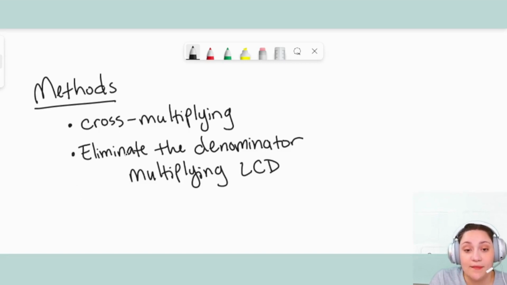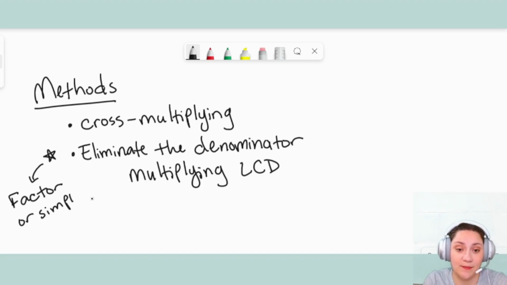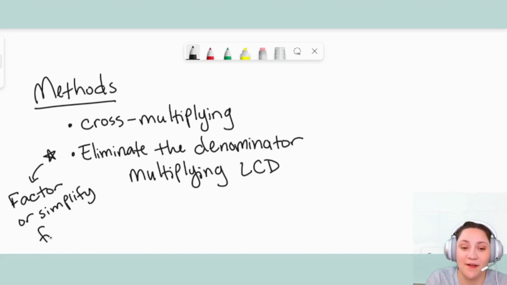And sometimes, especially this method, requires us to factor or simplify first. So I'm going to put a little note here that sometimes we have to factor or simplify first.